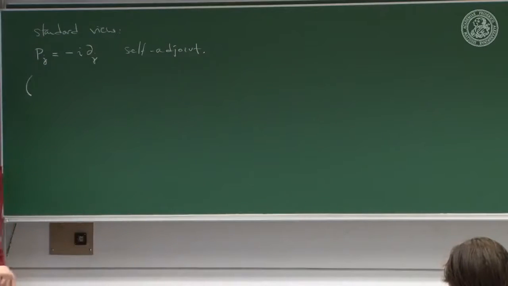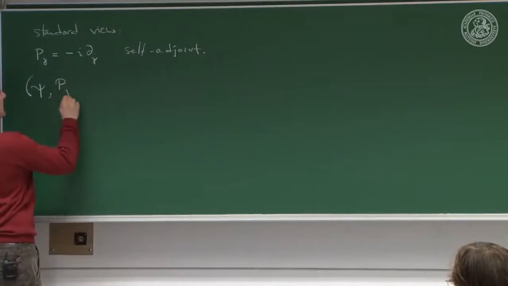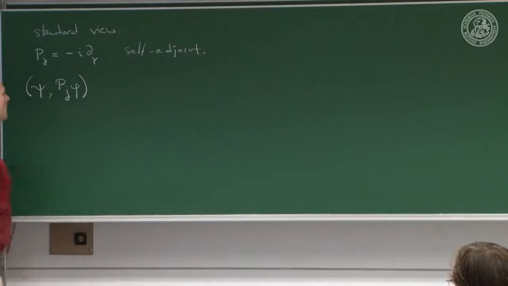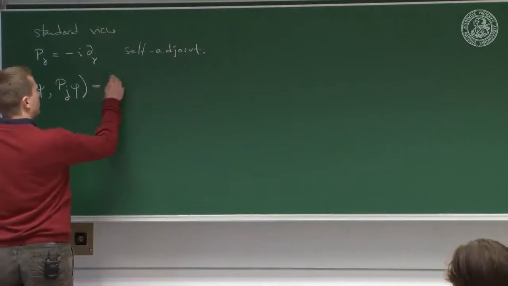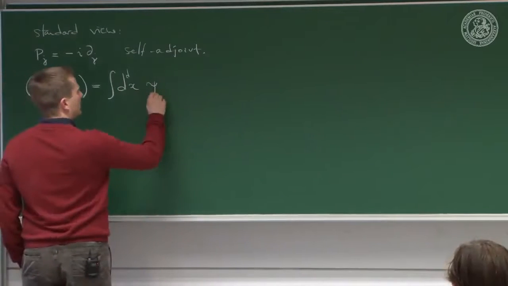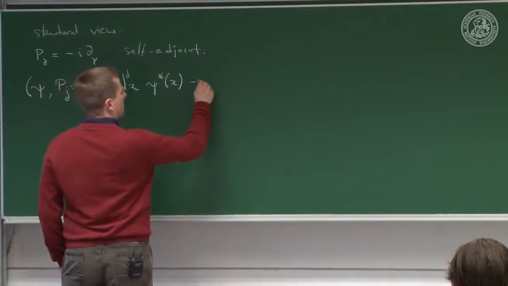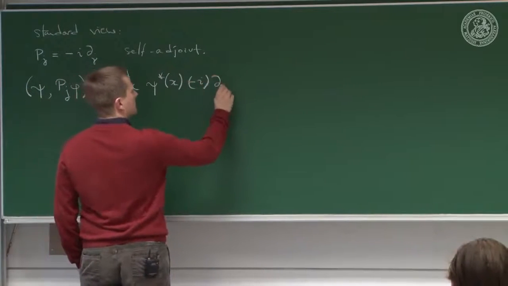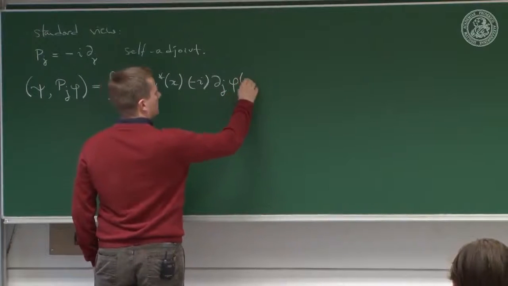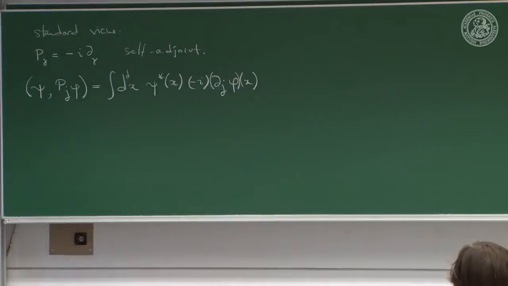Let's very quickly write this down. We have psi and P_j phi. What is to be shown is that this is the same as P_j psi comma phi. This is quickly done because it is just this integral: psi star of x, now comes a minus i times del_j acting on phi, and then this whole thing being evaluated at x.